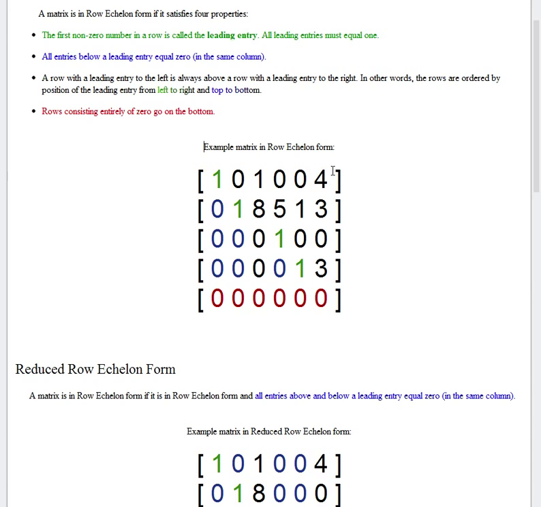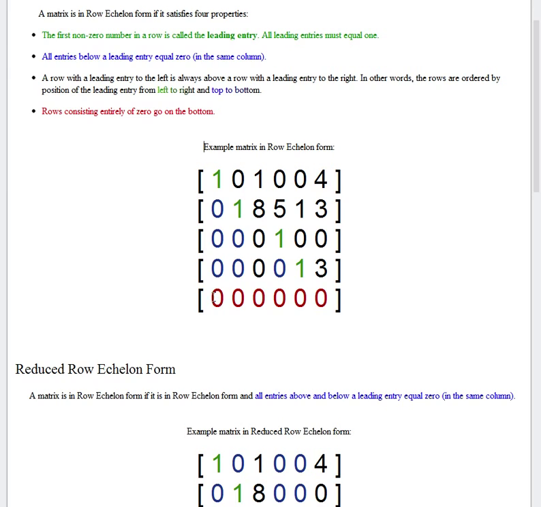So this is a matrix I created with some arbitrarily selected numbers, and it's in row echelon form. The leading entries are all 1s. The entries below leading entries are 0s. So you see columns 1, 2, 4, and 5 satisfy that requirement.